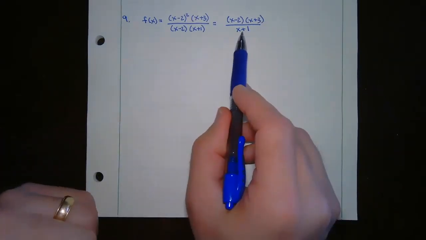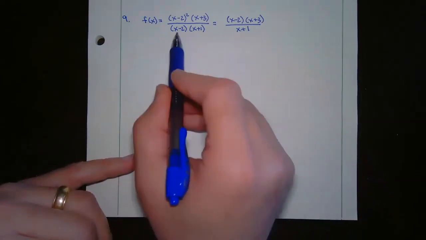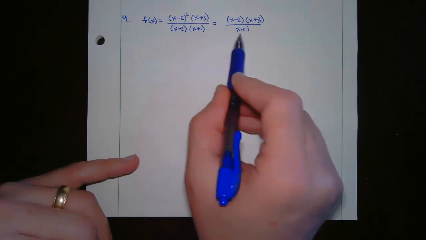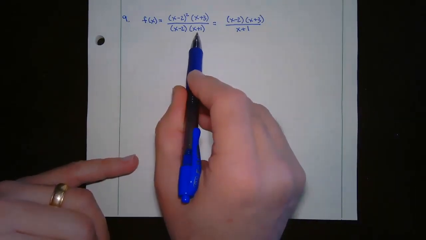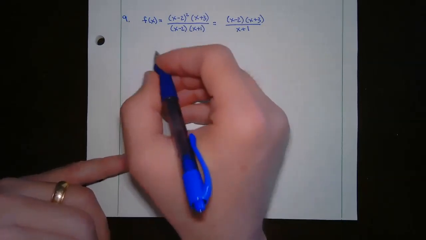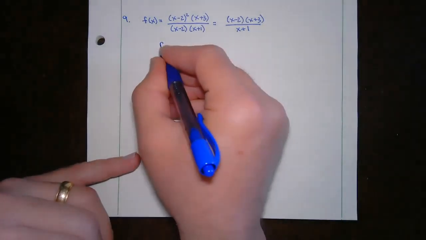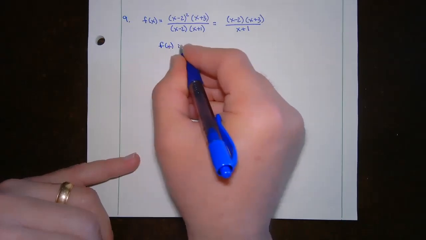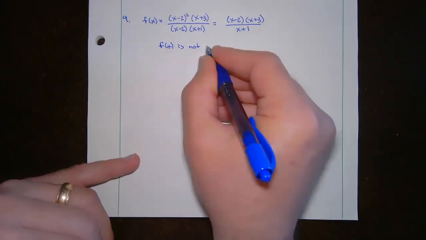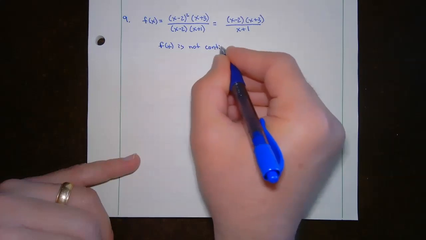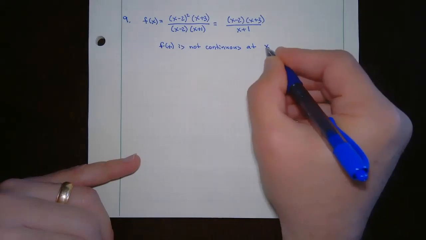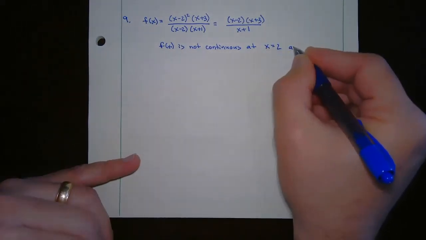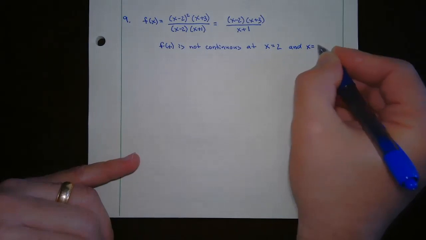So what's happening at x equals -1? What we look at here is what causes the denominator to be 0, and it'd be x equals 2 and also x equals -1. So f of x is not continuous at x equals 2 and also at x equals -1.